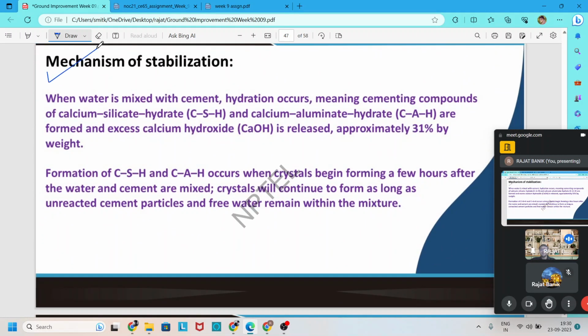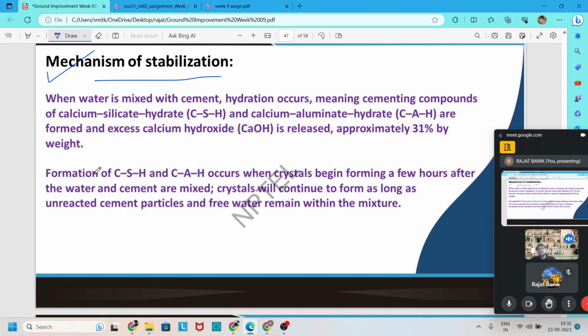Now we discuss the mechanism of soil cement stabilization. It is quite similar to lime stabilization. When water is mixed with cement, hydration occurs, meaning cementitious compounds are formed, like calcium silicate hydrate, similar to lime stabilization, and calcium aluminate hydrate. Sometimes excess calcium hydroxide is also created, approximately 31%.